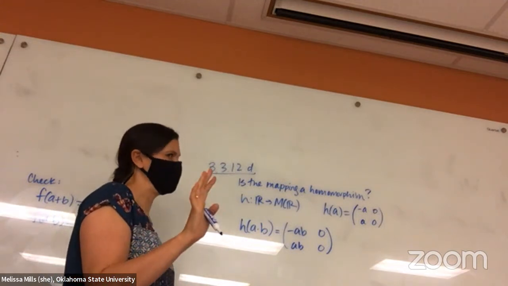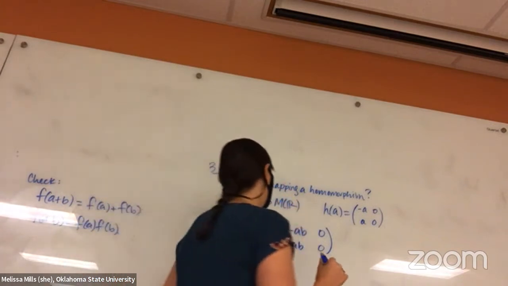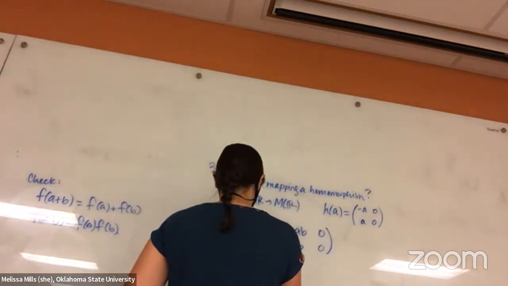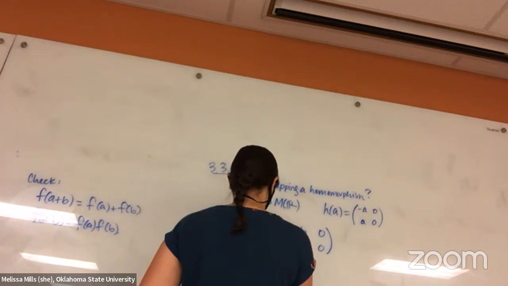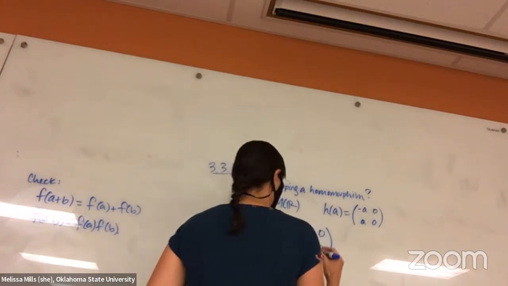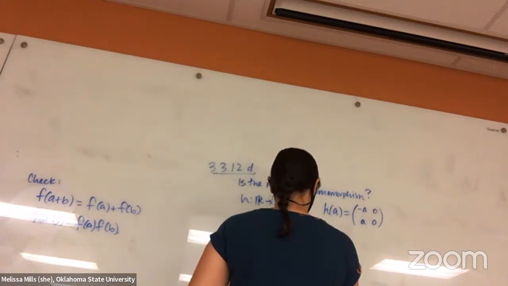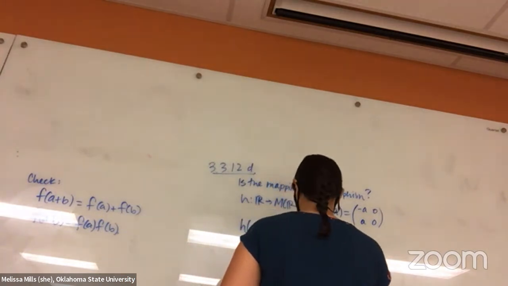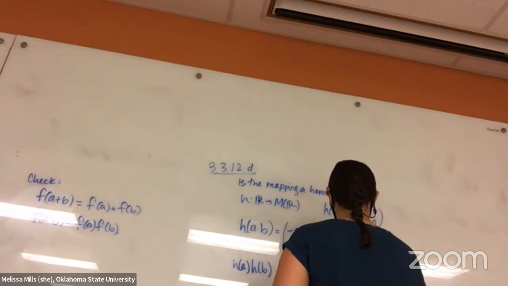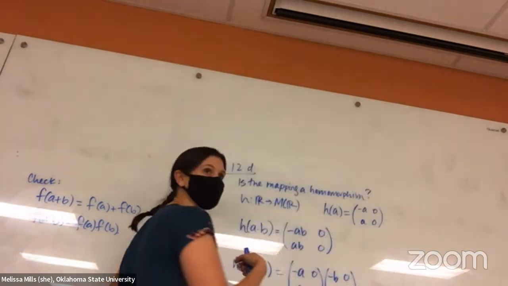But we can try it. So what is H of a times H of b? H of a is negative a, 0, a, 0, and H of b is negative b, 0, b, 0. Let's multiply that out and see if it's the same thing.